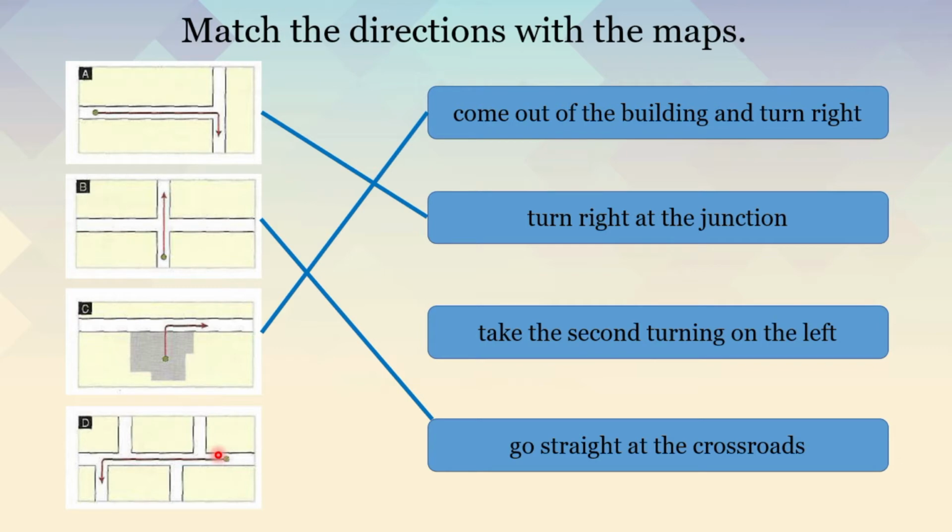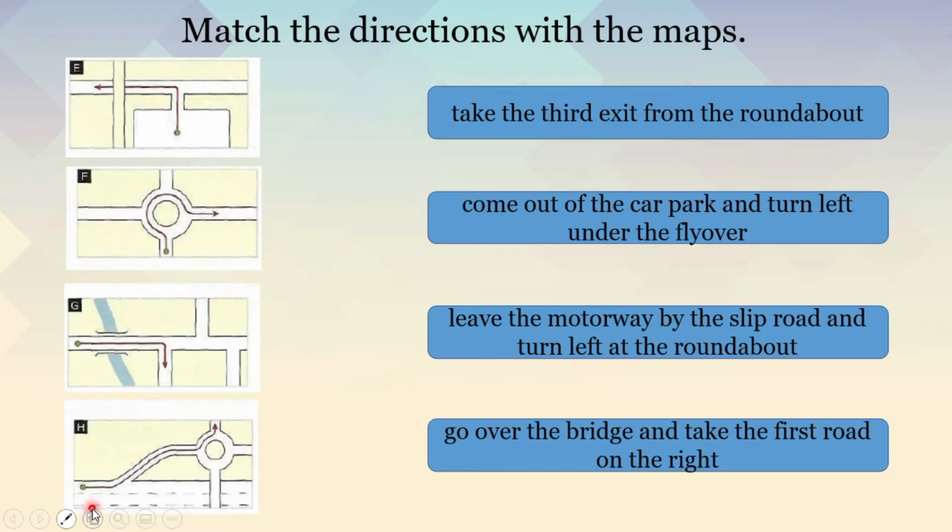And the last one here, we have: take the second turning on the left. Moving on to the next slide. Let's continue matching. Pause the video, read through the directions, and match the directions with the maps.